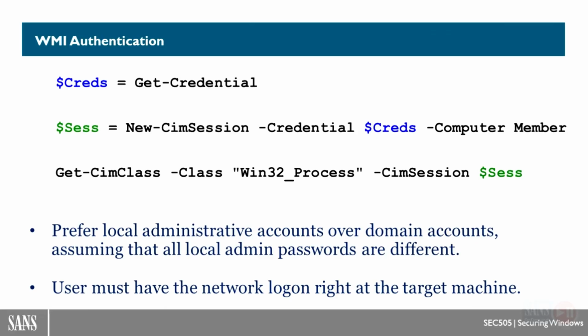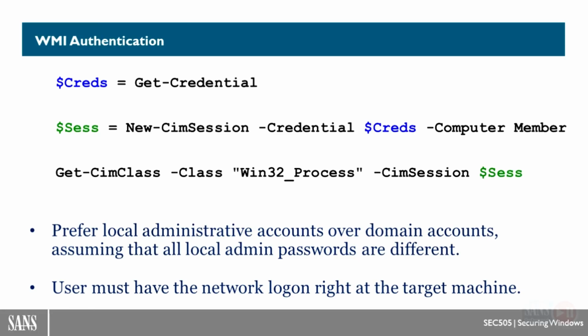Well, the same thing goes for all of these CIM cmdlets, these WMI cmdlets we've been talking about, like Get-CimInstance, Invoke-CimMethod, and here's a new cmdlet that we haven't seen. It's called Get-CimClass. But notice that off to the right-hand side, just like the other CIM cmdlets, this one also can take an existing session instead of creating a new one.